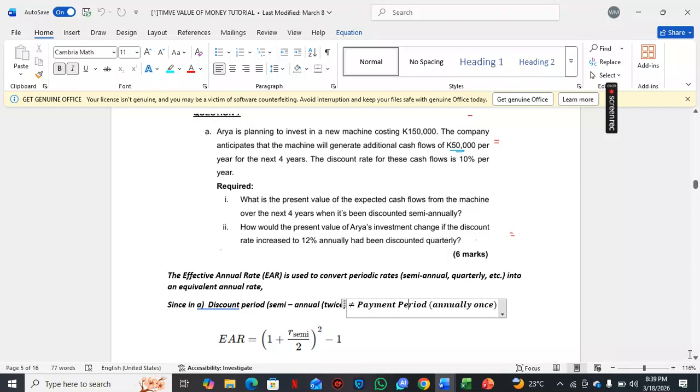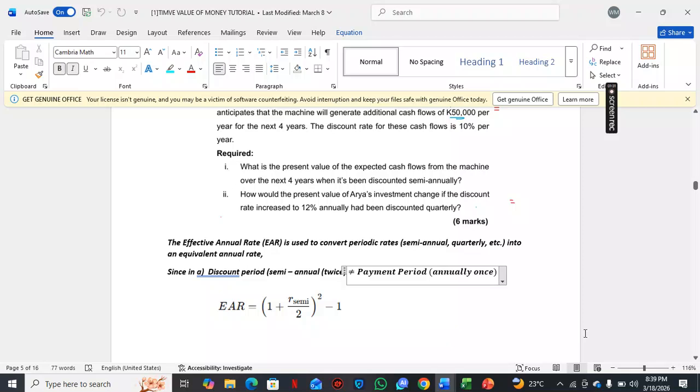And this is where the effective annual interest rate comes in. The effective annual interest rate converts these rates that are compounded semi-annually or quarterly, and gives you your overall annual return. So this is the formula for the effective annual return.